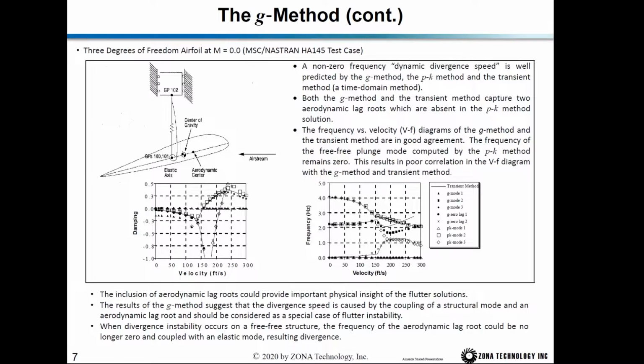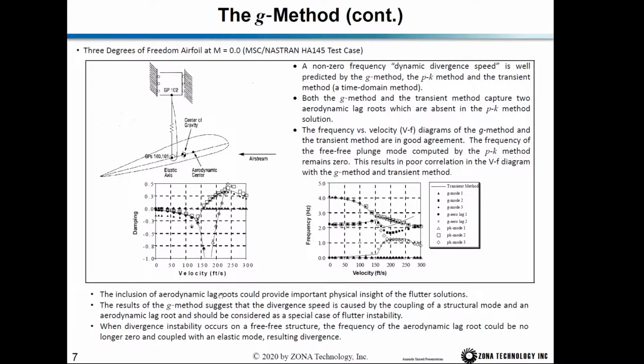If you look at the VG diagram, the PK method and G method both agree with the transient method well. However, in the PK method this rigid body mode frequency remains 0, whereas the aerodynamic lag root generated by the G method agrees with the transient method.